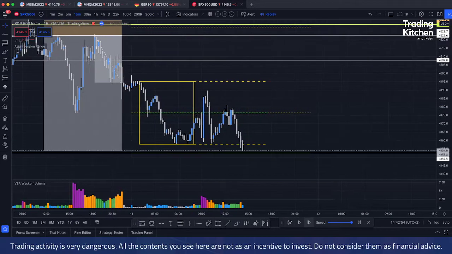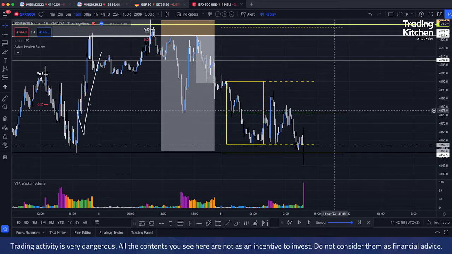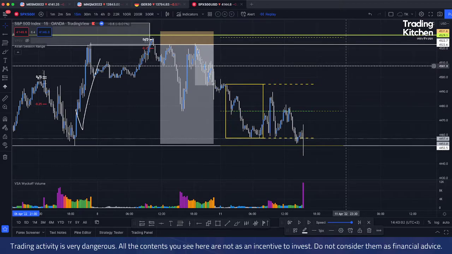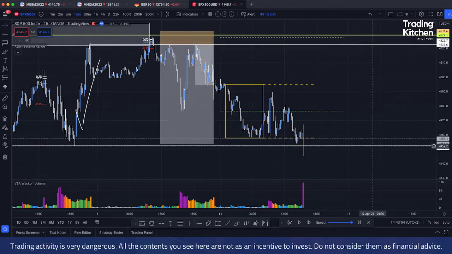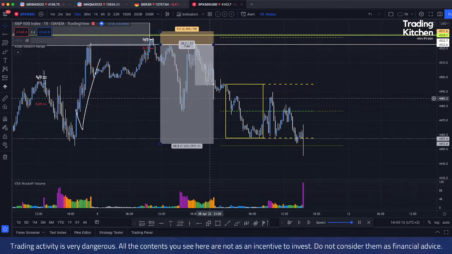If you have a broker that allows you to hold overnight without a huge spread, you can obviously hold overnight. So basically this will be a very good trade, 7.6.